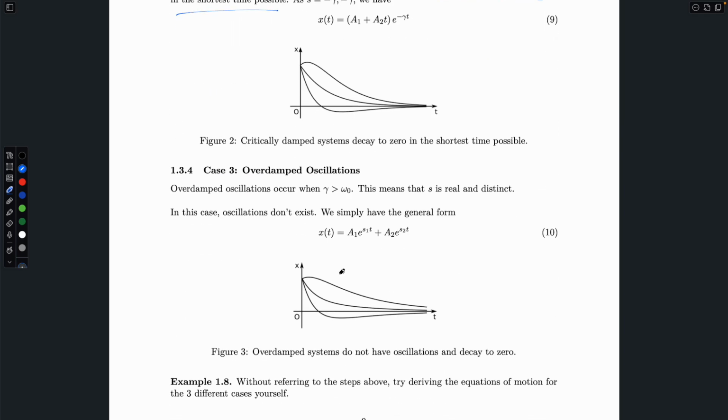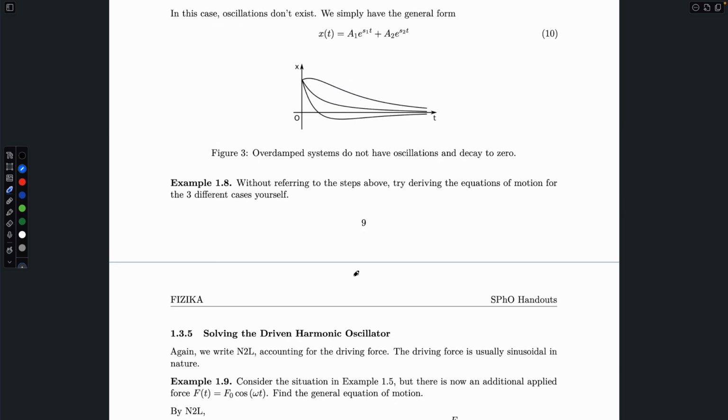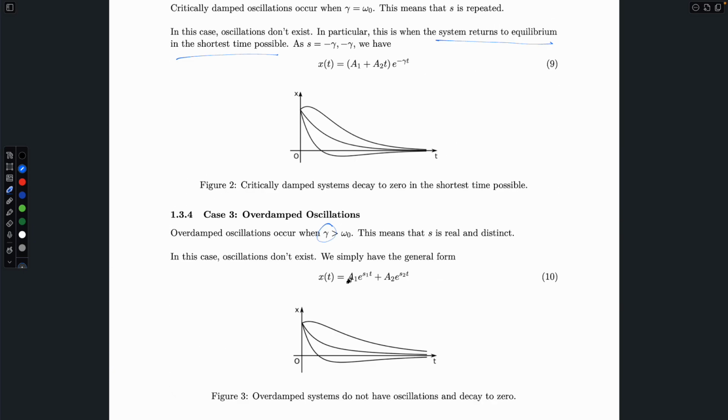And then case 3 is overdamped, which is when your damping coefficient is very, very big. Then you'll get no oscillation and it'll just decay to 0 immediately. Okay. We never include any physical questions for this topic because in general it's rarely tested, as there aren't many insightful applications for it.